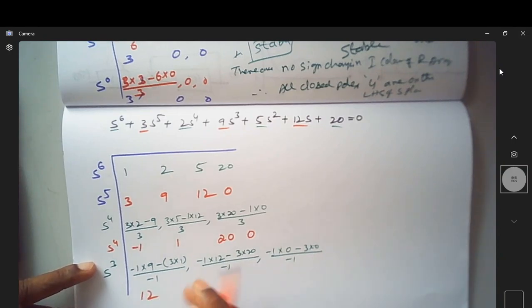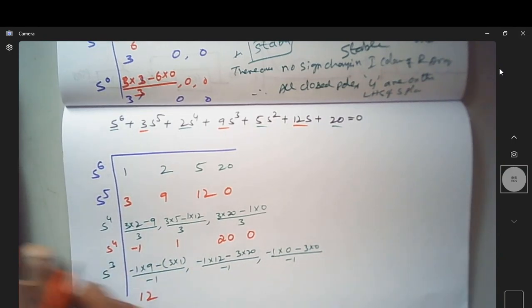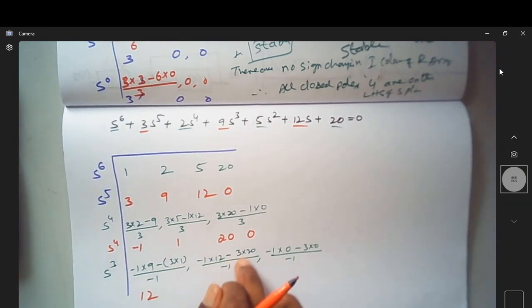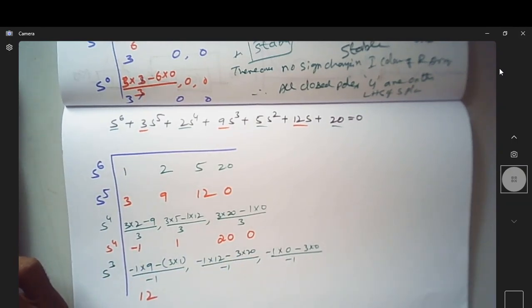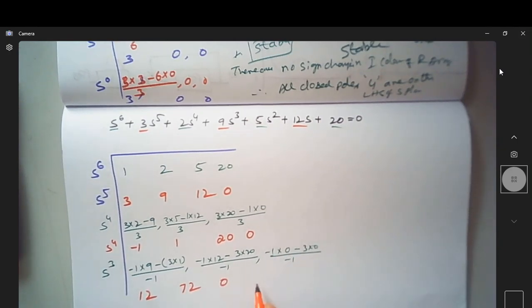Then minus 12 minus of 60 divided by minus 1 is 72. This is 72, and this is 0, 0.